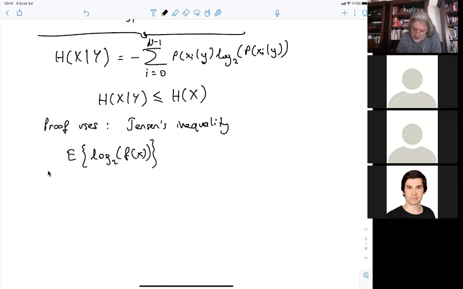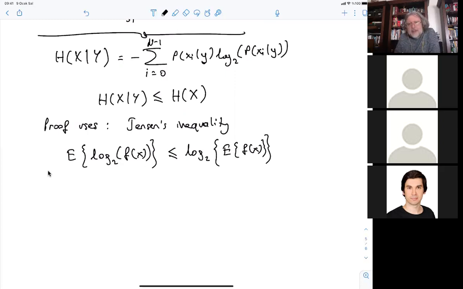This is always less than or equal to first applying the linear operation and then applying the concave down function. Logarithm base 2, for example, is a concave down function. And inside it, we first apply the expectation operator like this. This is called Jensen's inequality.